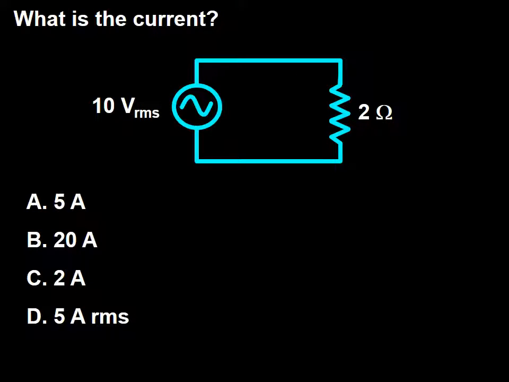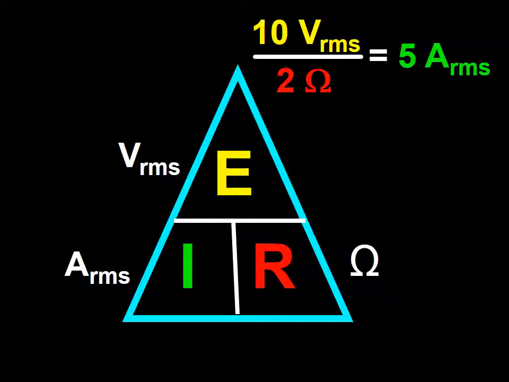Next question. What is the current in this diagram? A, 5A, B, 20A, C, 2A, D, 5A RMS. If you recall from previous talks, I have shown you this triangle on multiple occasions. Essentially, we use this triangle to determine the missing factor once we know two other factors.